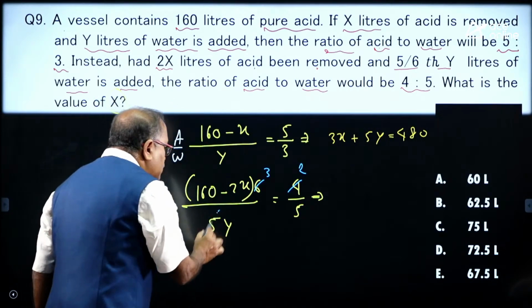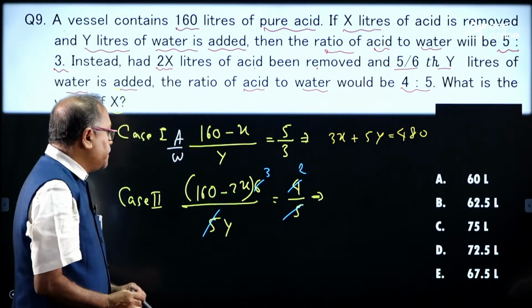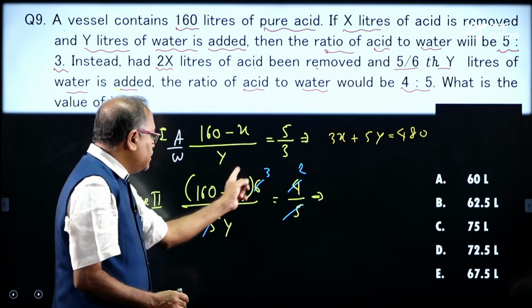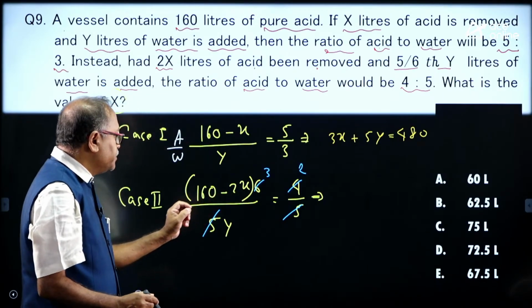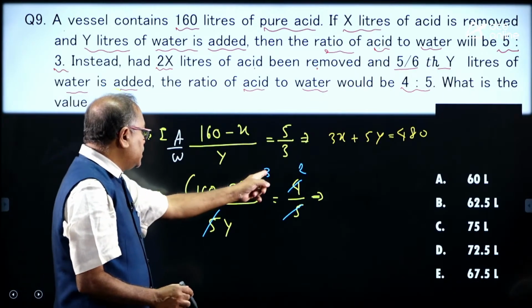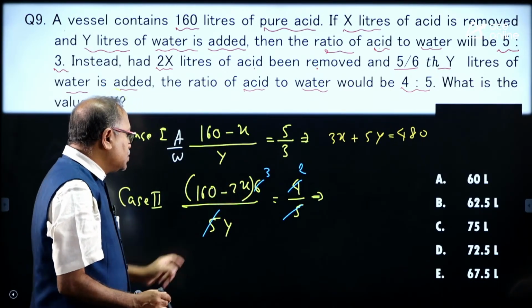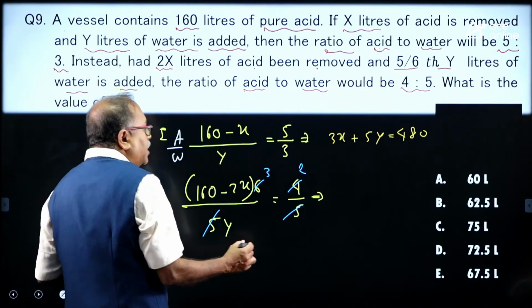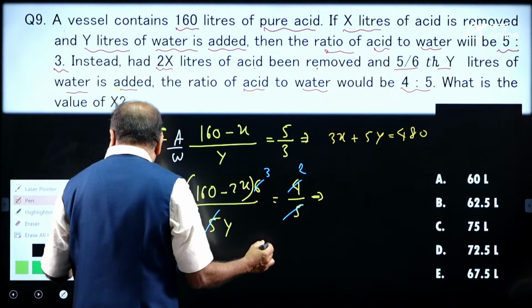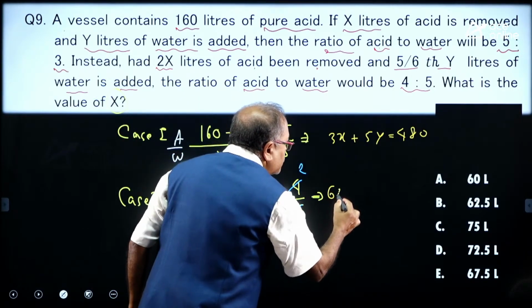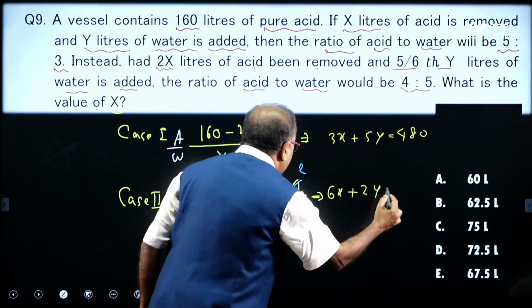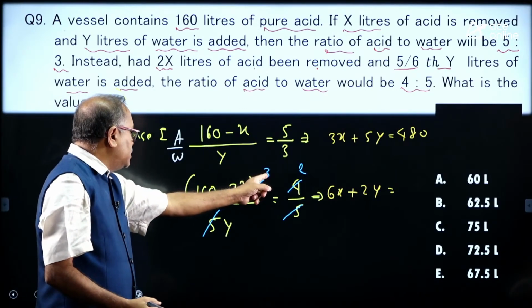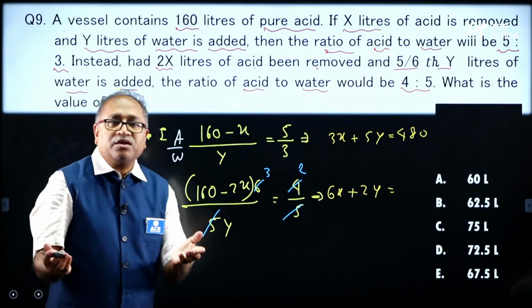Then as this 5 gets cancelled over here, what I notice is this is 2y and this comes 2x. So, 3 into 2 is 6, so 6x plus 2y, which is equal to 480.